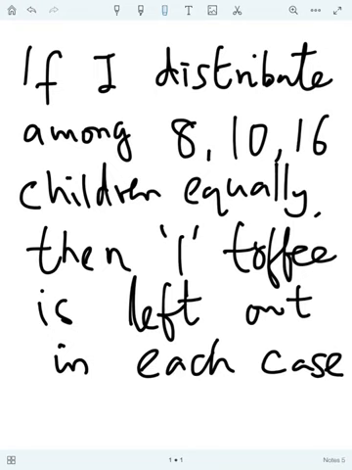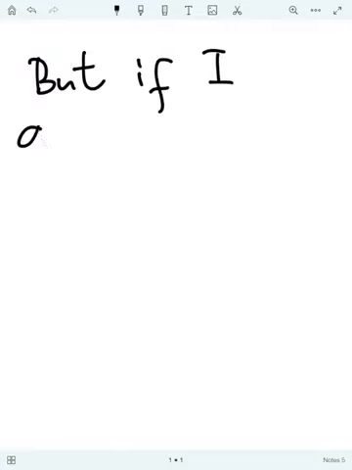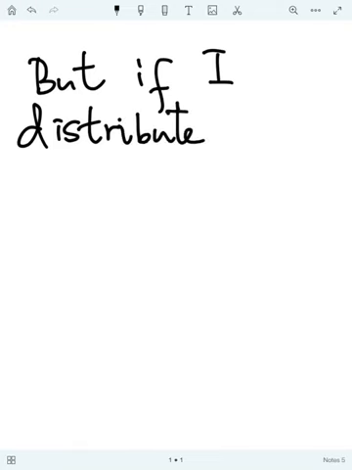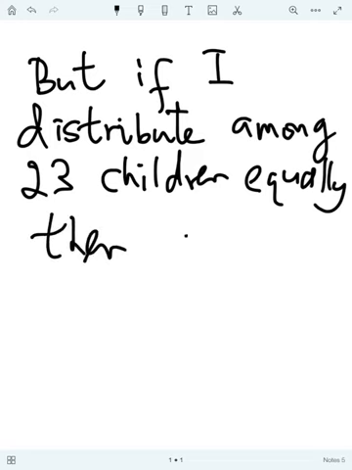But if I distribute those n toffees among 23 children equally, then no toffee is left.